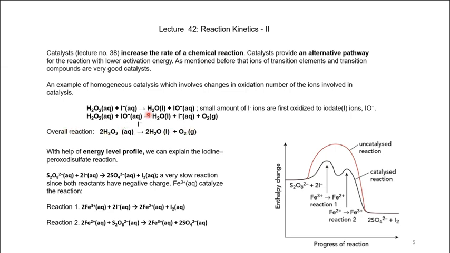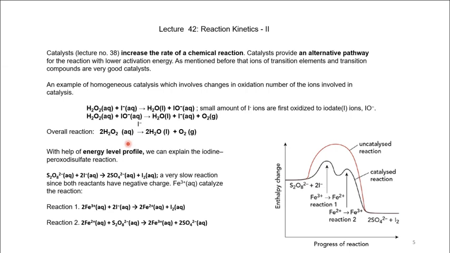If we don't use a small amount of iodide ion, we could not get this reaction. So iodide ion is a catalyst for this reaction, and it is a homogeneous catalyst. And we said that a catalyst increases the rate of chemical reaction. So this is an alternative path of the reaction with lower activation energy.